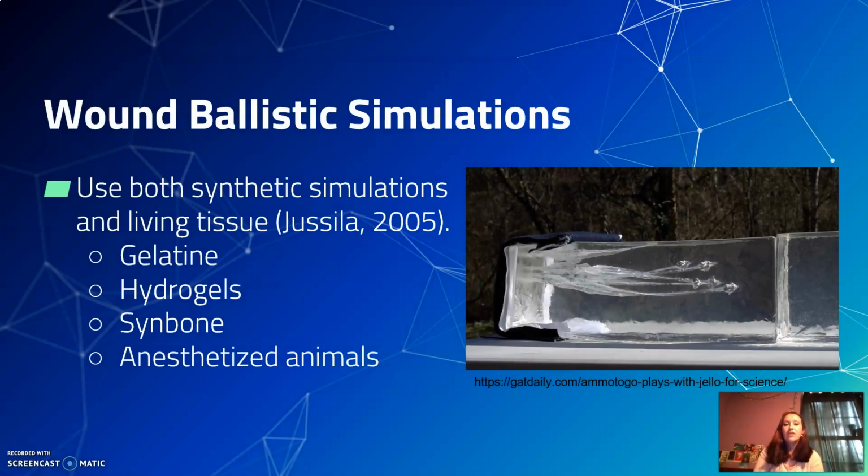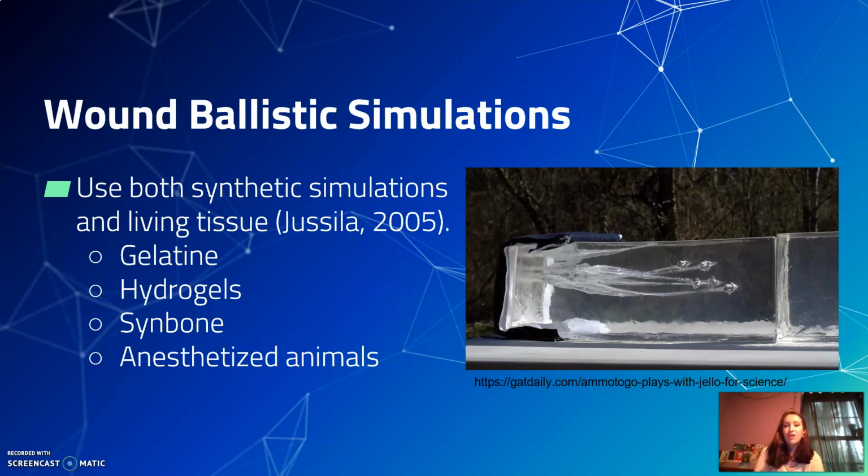So researchers in this field do a lot of wound ballistic simulations. Both synthetic simulations, which would be the gelatin, hydrogels, and Sawbones, and living tissue, which would be like the anesthetized animals, are used. For soft tissue simulations in particular, that's when they will typically use the glycerin, soap, hydrogels, or gelatin.